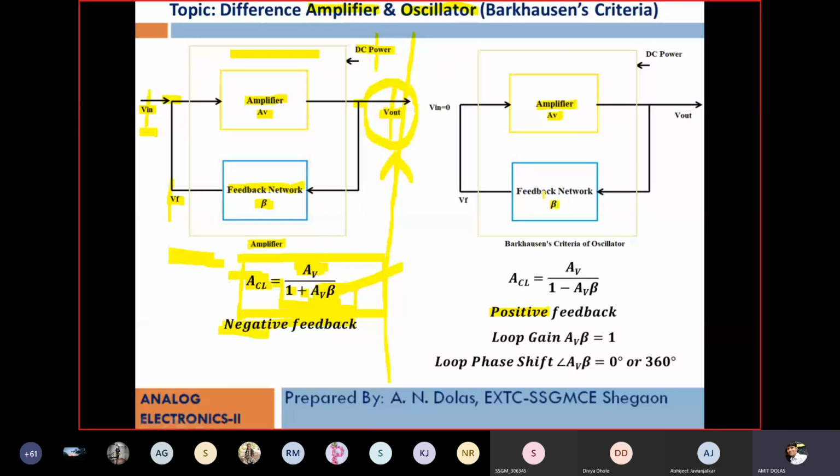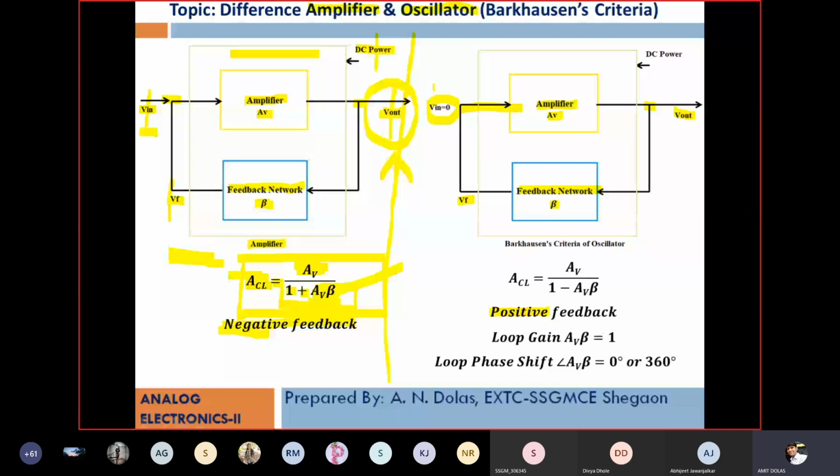The feedback network has the feedback factor beta. The feedback network takes its input from the output of the amplifier, and Vf is the output of the feedback network, which is given to the input of the amplifier, where the external input is not there, it is equal to 0. So in an oscillator, the external input is not present, that is, it is equal to 0.